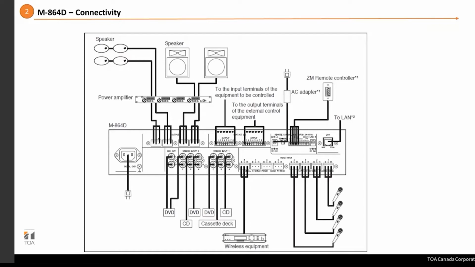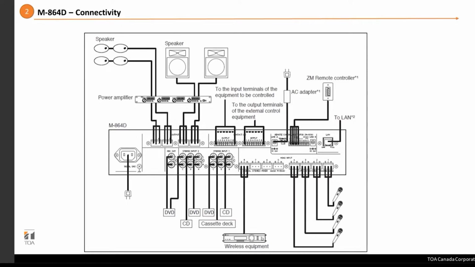We do have Phoenix connectors for our microphone level inputs, as well as Phoenix connectors for the output, and for the control IOs available to us. You'll see also that we have the Phoenix connector for the ZM remote controllers.